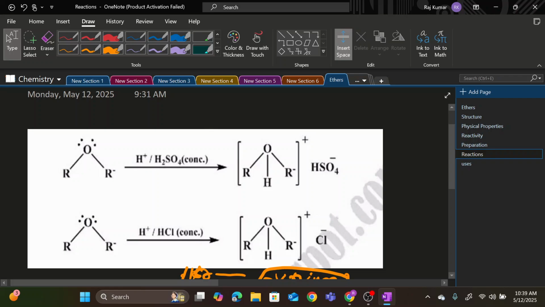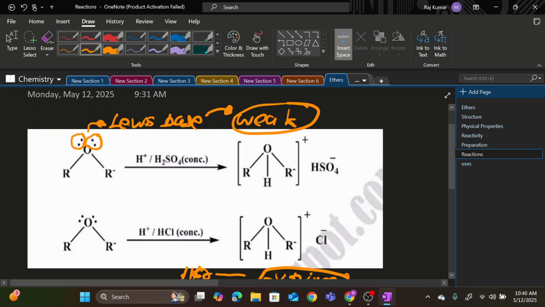Basically, the oxygen present in the ether has two lone pairs, due to which the oxygen makes ether a Lewis base. Because of its basicity, it is a weak base.